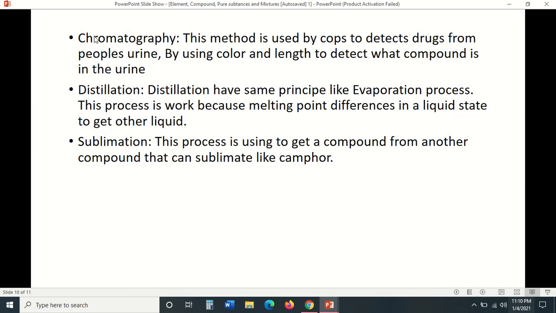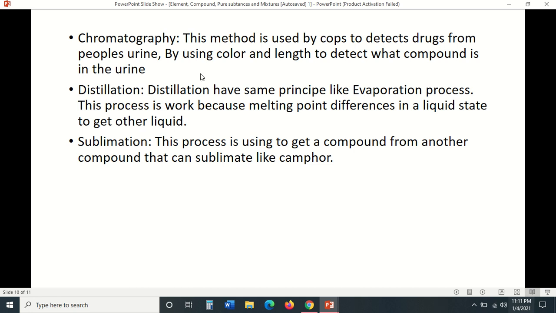And then there is also a process called chromatography. This method is used by cops to detect drugs in people's urine by using color and light to detect what compound is in the urine. Because urine is a mixture, we can know it from a process called chromatography.